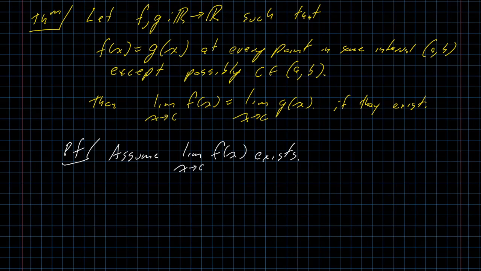Let's assume that the limit as x approaches c of f of x exists, and we're going to prove that it's equal to the limit as x approaches c of g of x. And I'm still not paying attention to my notes because just existing is not good enough. I need that to be equal to some value called L.